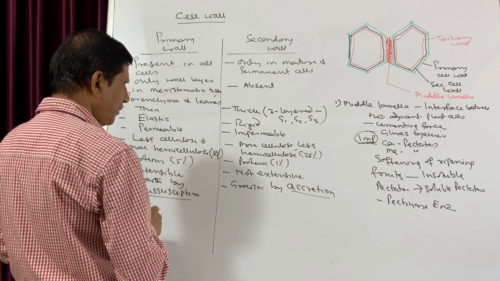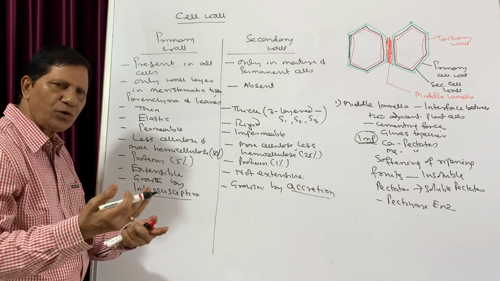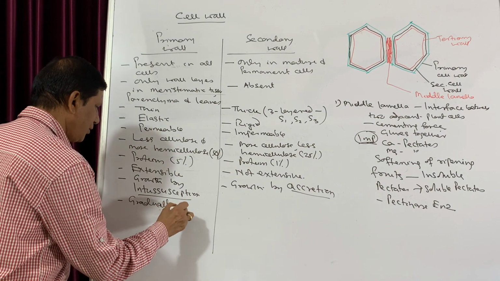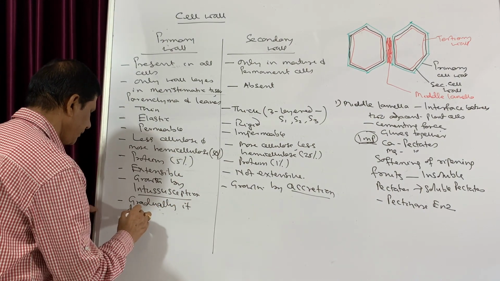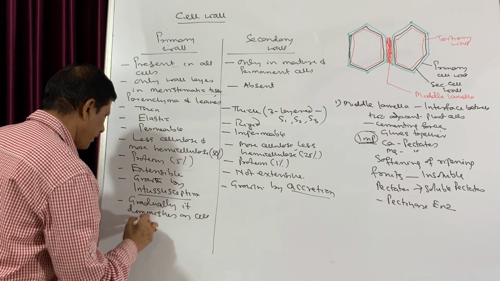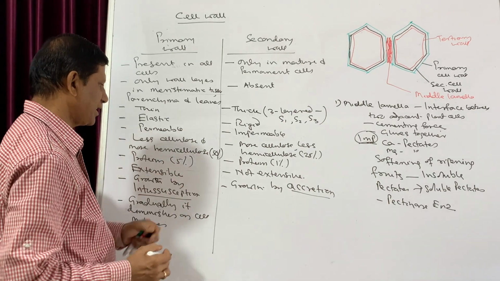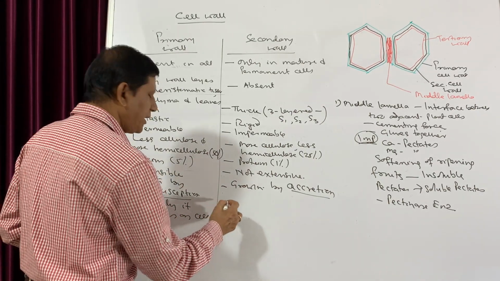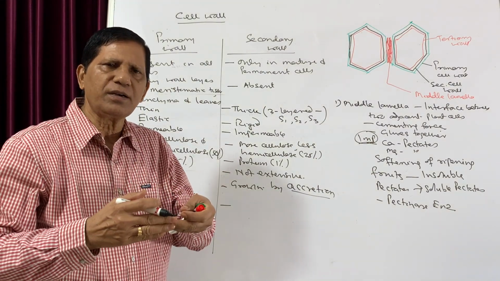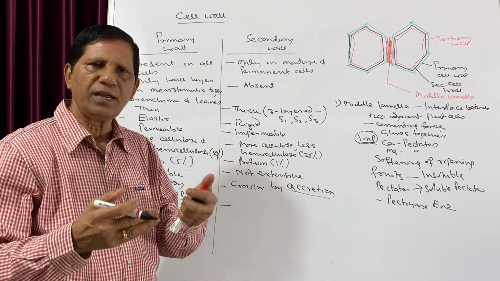Then in addition to this, you will find that gradually, as the cell matures, the primary wall diminishes. But in the secondary wall, with maturity, there will be deposition or addition of certain substances like lignin, suberin, cutin, and even silica.